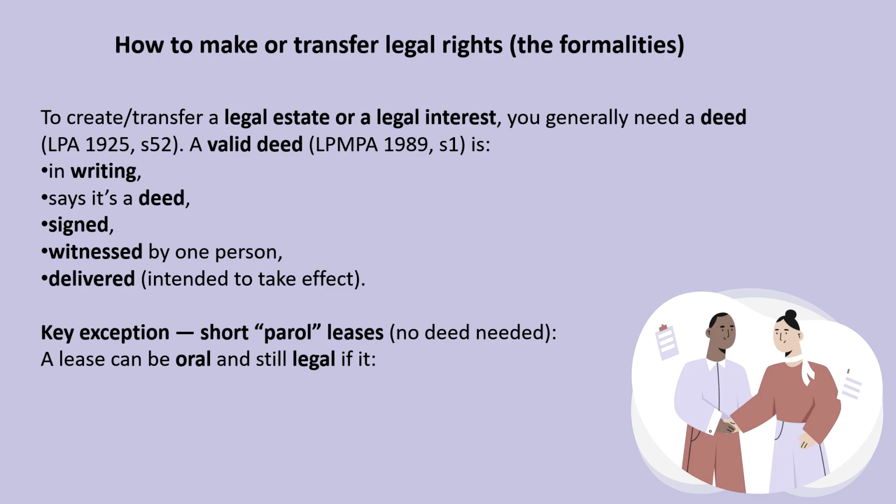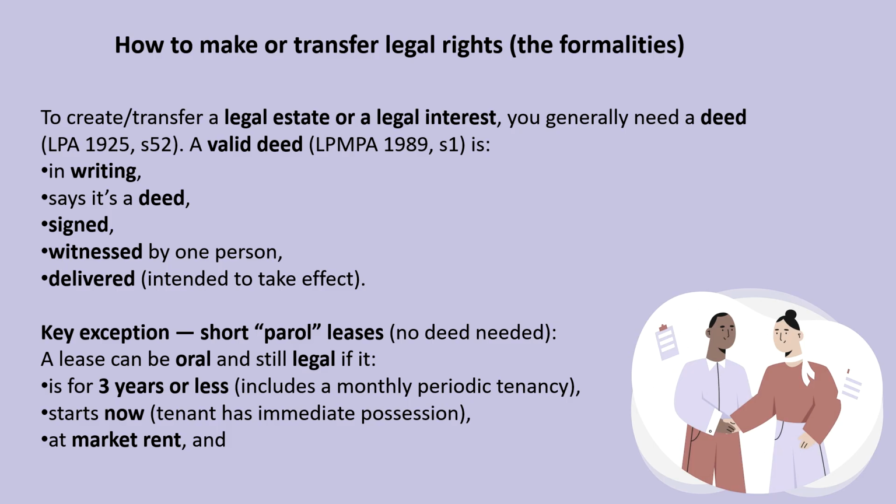It can be just some kind of verbal agreement that you make on the spot. But the requirement is that it's for 3 years or less. And it starts now, you get immediate exclusive possession. You are paying the best possible rent, equivalent to market levels.